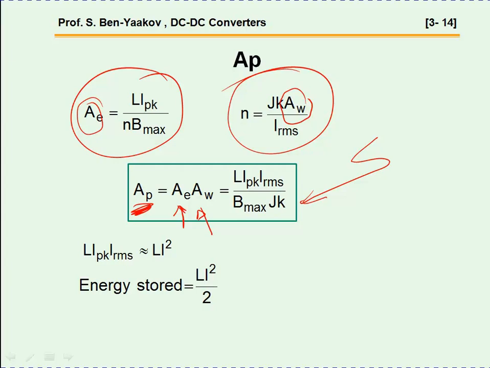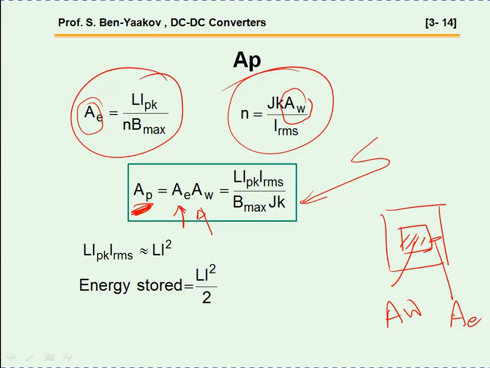It's not the volume, because we're talking about a core, the window here, and then the cross section here. This is the winding area. So the product of these two is this parameter AP. However, it does give us a measure of the size, because obviously the larger the number, the bigger the core will be.